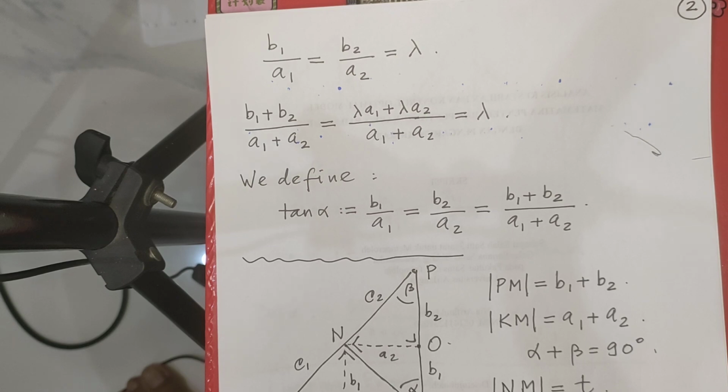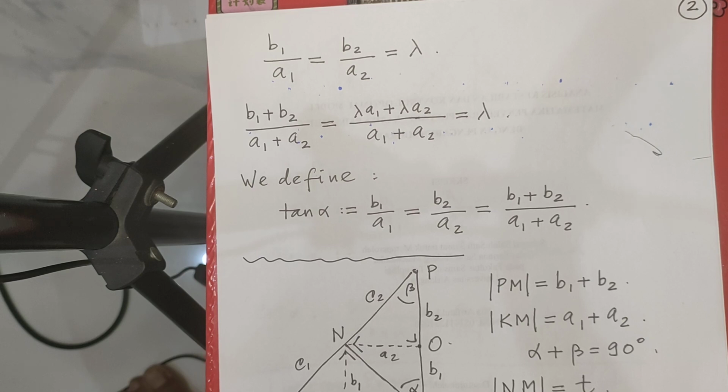So it means these fractions do not depend on the size or other elementary properties of the triangle except the measure of the angle of the triangle. So we can define tangent alpha is equal to B1 divided by A1 and B2 divided by A2 and equal to B1 plus B2 divided by A1 plus A2.